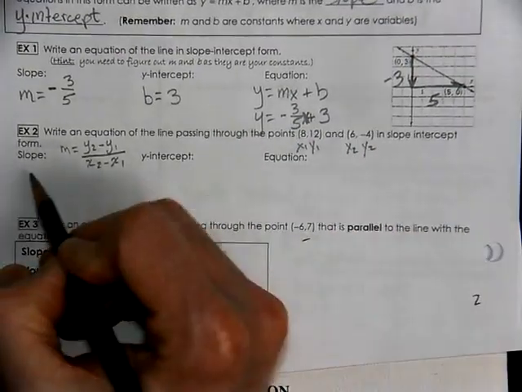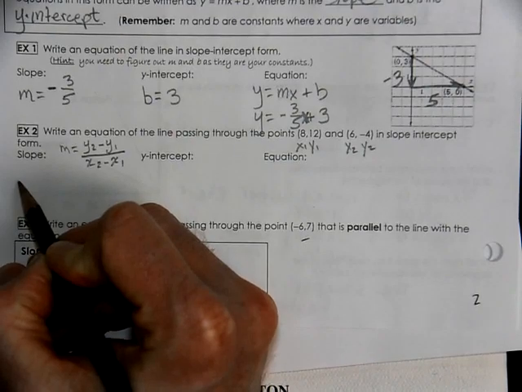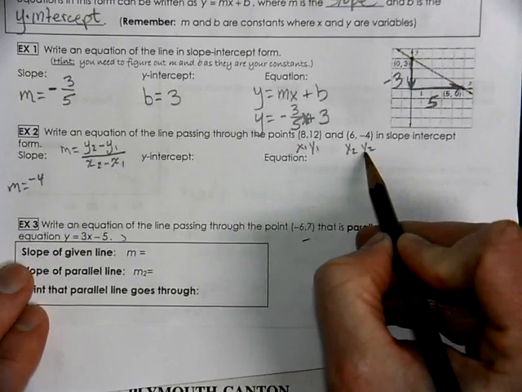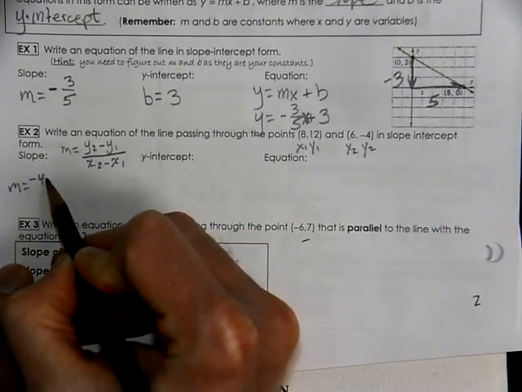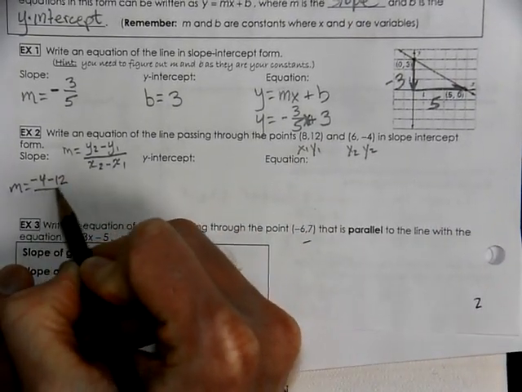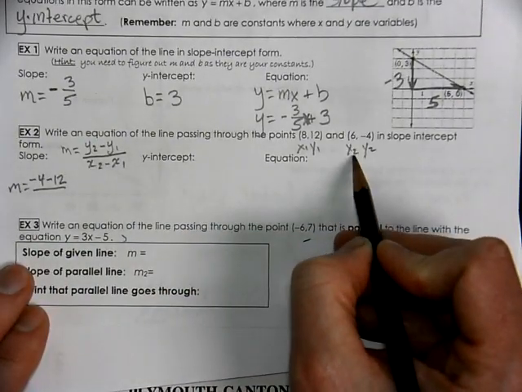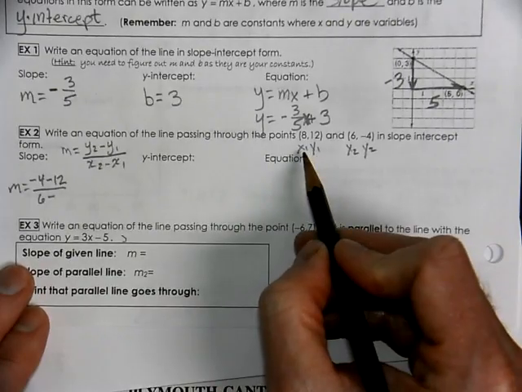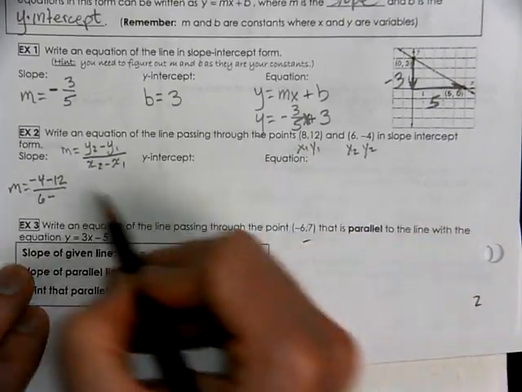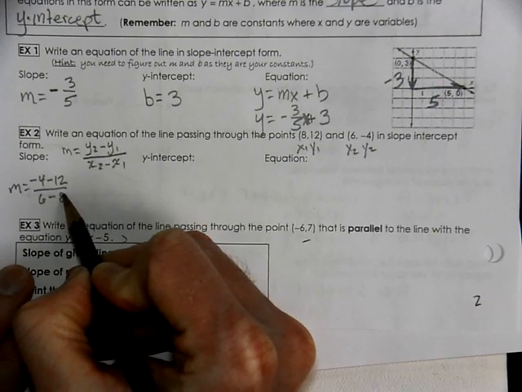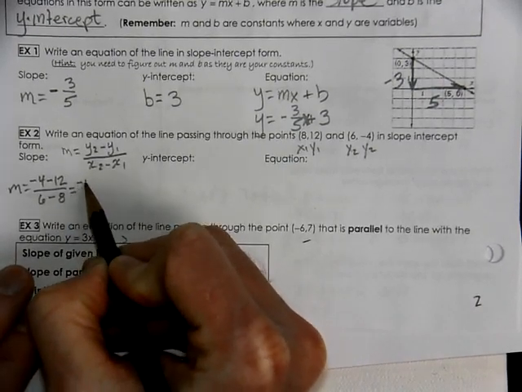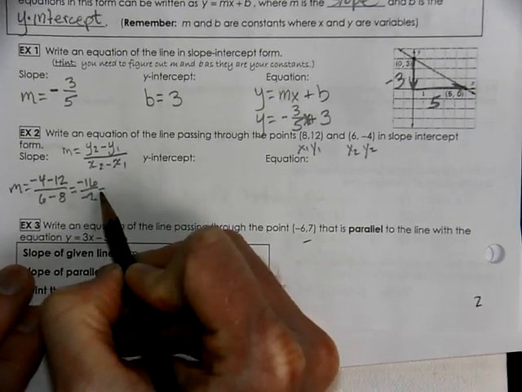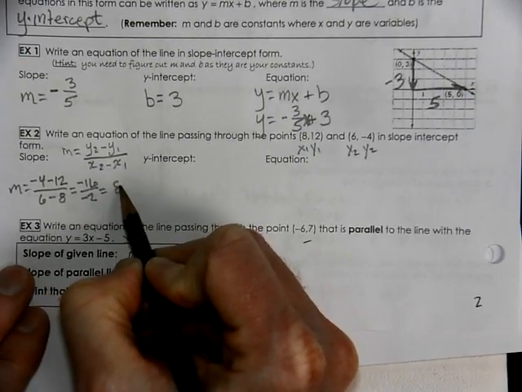So our y2, the way that I've written it here, is negative 4, minus y1, which is negative 12. x2 is 6 minus x1, which is 8. So this gives us a negative 16 over a negative 2, which reduces to positive 8.